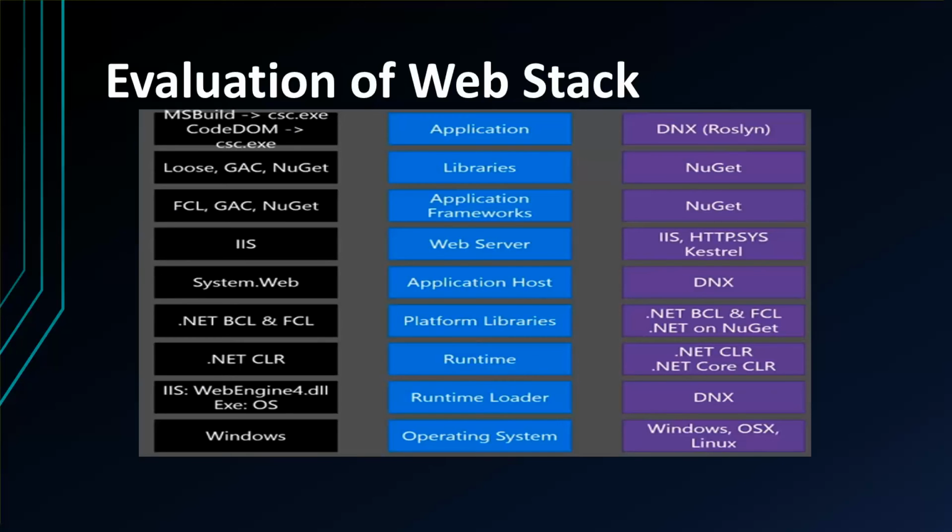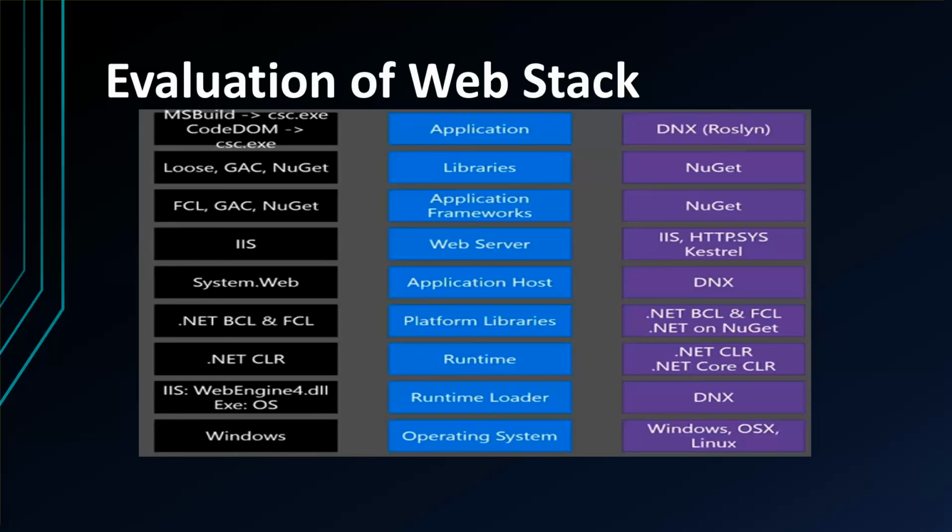If you see the evolution of the web stack from the very start until now, in the earlier days the operating system was Windows. Right now they are supporting Windows, OS X and Linux. For the runtime, in earlier days we used IIS, our favorite web server.